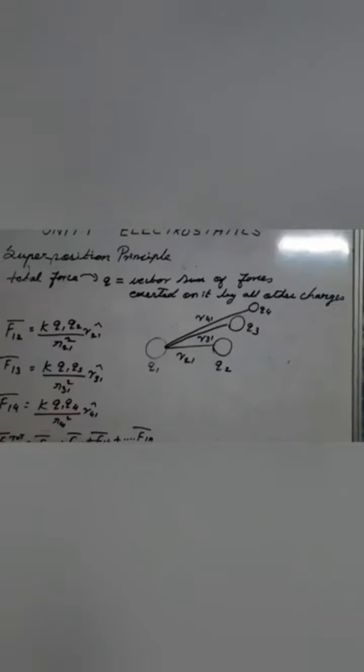Next, we discussed epsilon R equal to epsilon by epsilon naught, and the epsilon R value is always greater than 1. Next, we discussed that the G value is 6.626 into 10 to the power of minus 11 and the K value is 9 into 10 power 9. And finally, we discussed that the electrostatic force obeys Newton's third law.